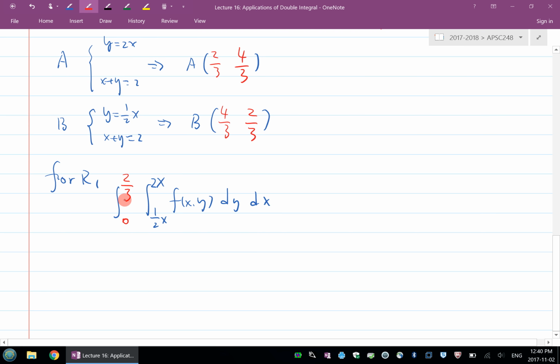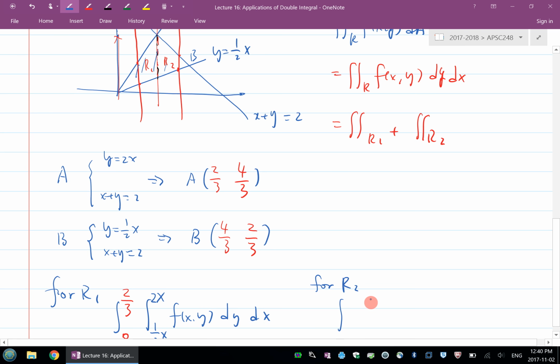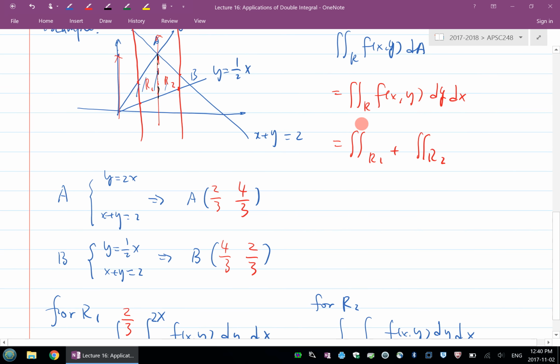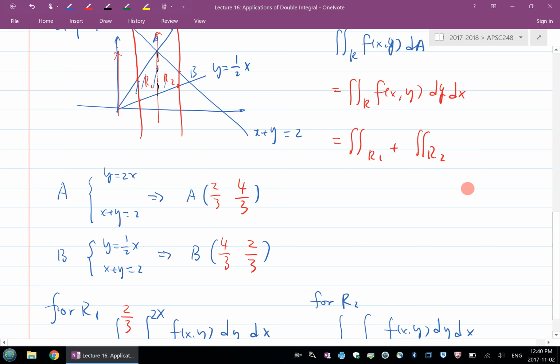So that's for R1, right? And then for R2, look at the R2 here. For the y limit, the lower contact is the same thing, half x. The upper bound for the y is y equal to 2 minus x.